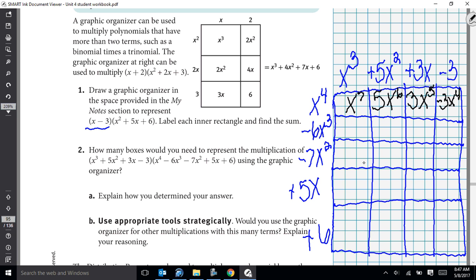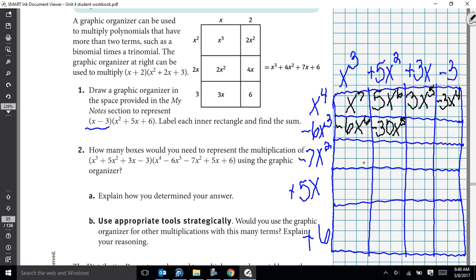In this box here, we have negative 6x cubed times x cubed. Perfect. In this one, we have negative 6x cubed times 5x squared. Negative 30x to the fifth.